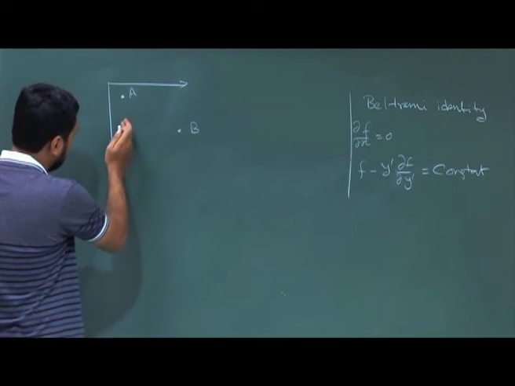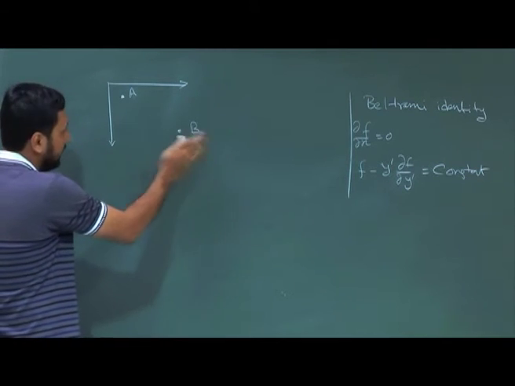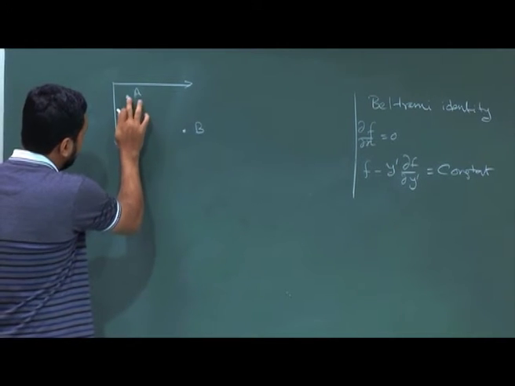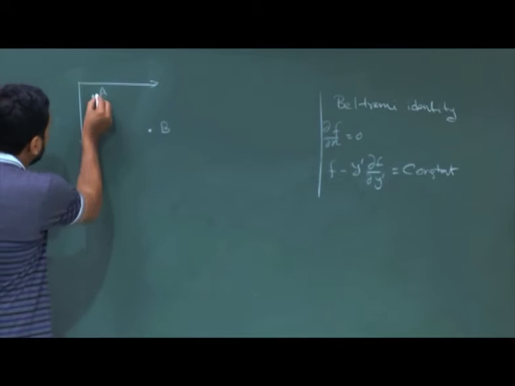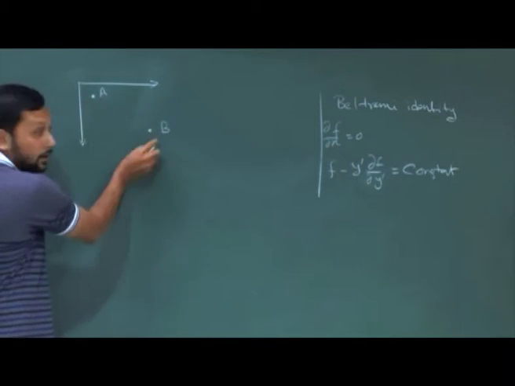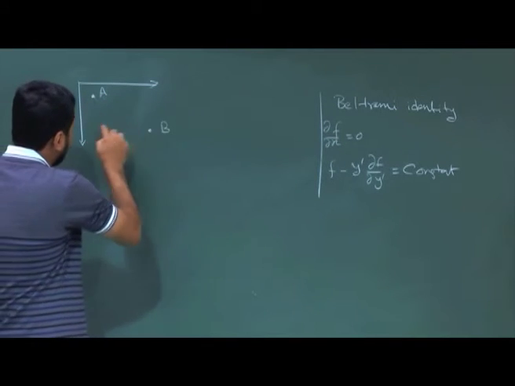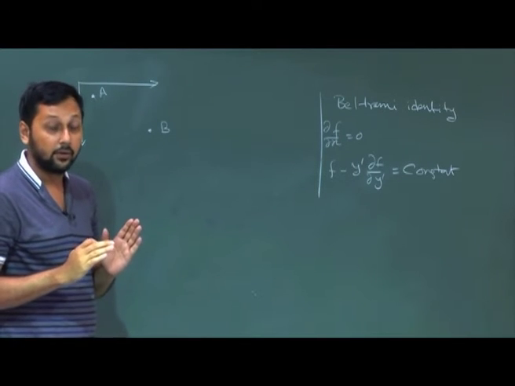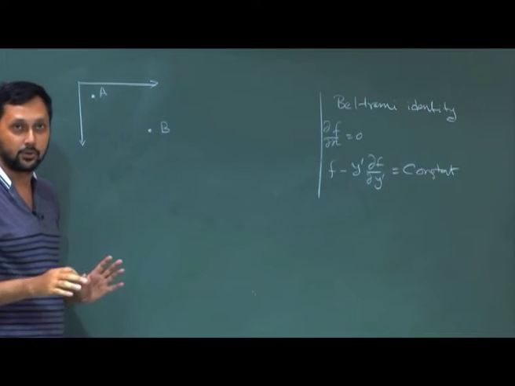So, it could be anywhere, but not exactly at this point. A particle of mass m is traveling from A to B. Now, what is the path along which the time taken will be a minimum? The intuitive answer is a straight line, which is not correct.